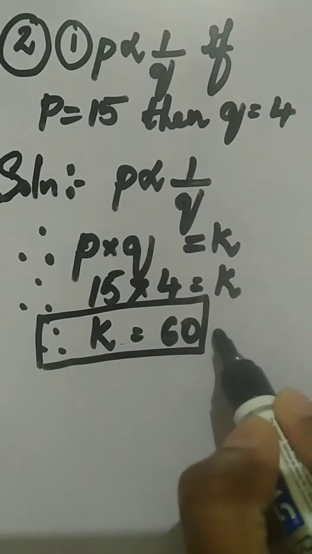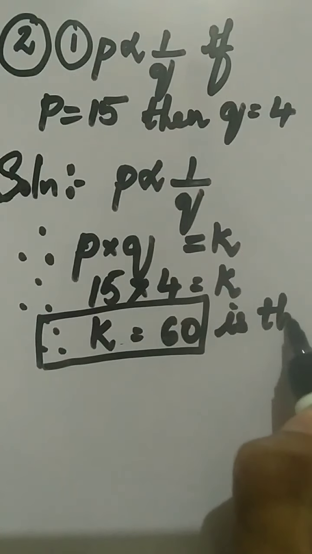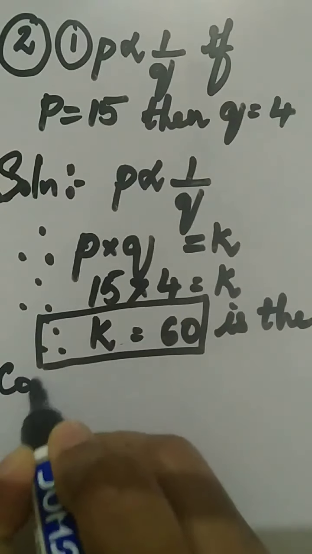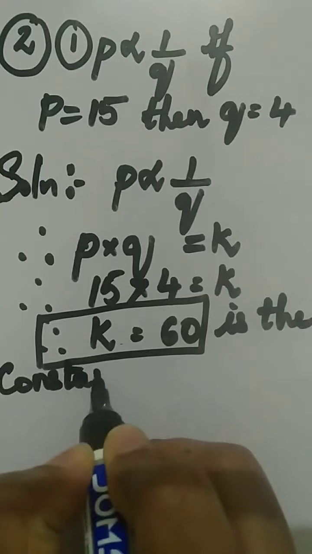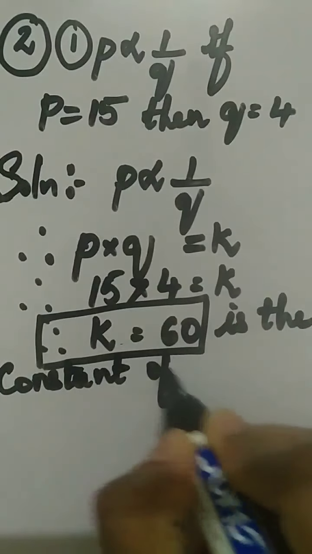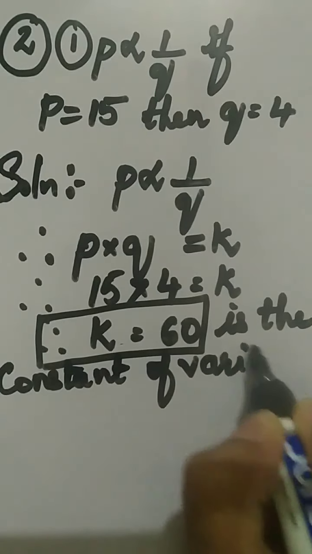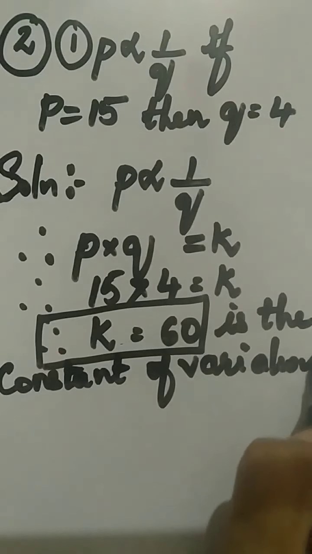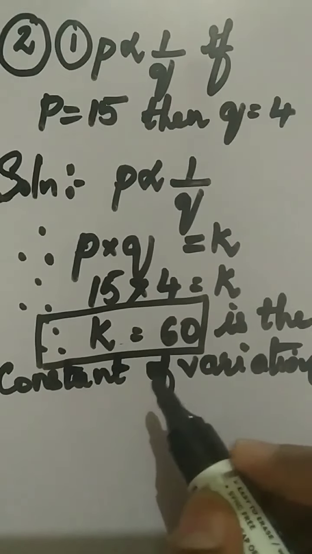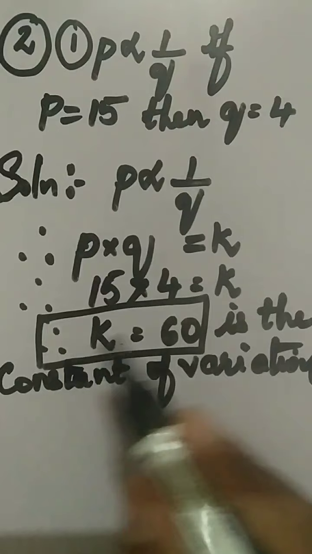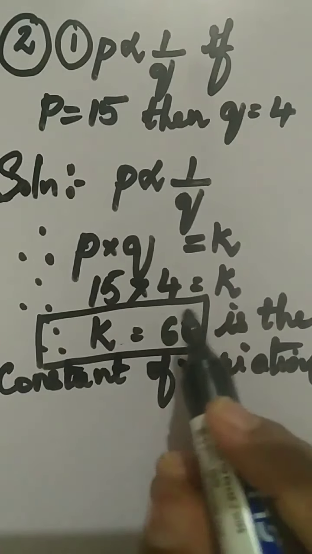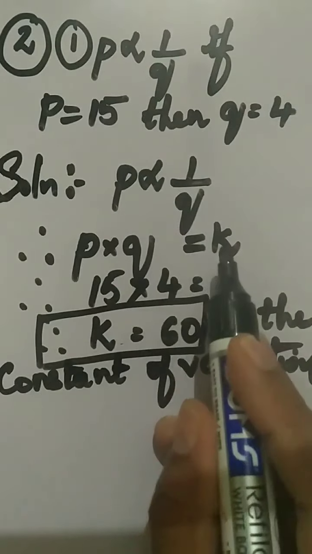So you will write K is the constant of variation. Okay. Now after this they have asked us to find out the equation of variation. Very simple. This value of K you put here.